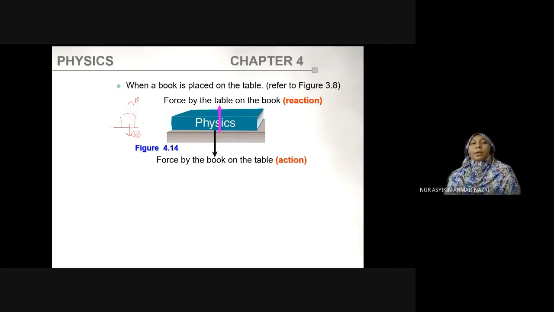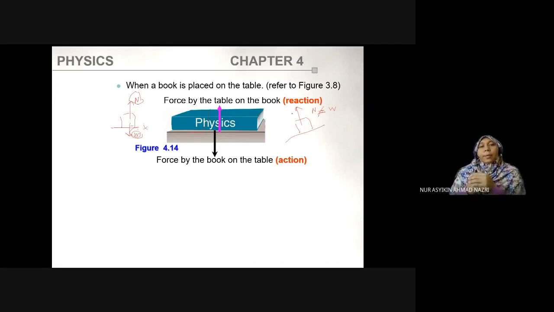Okay, so adakah dia ni? The answer is not. Why? Because untuk case yang ni mungkin kita nampak dia sama. Okay, for case yang ni, plane macam ni. But for case inclined plane, your N no longer totally equal to weight. Okay, sebab kalau kita declare normal force is your reaction to your weight, that value akan always the same.